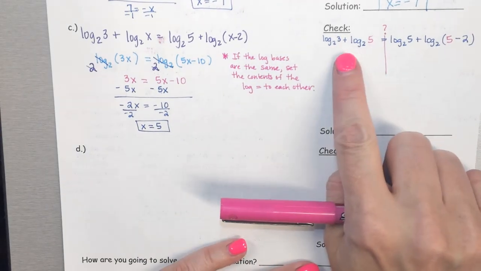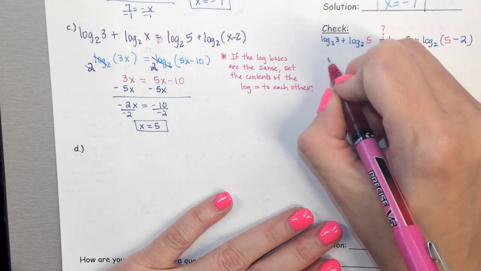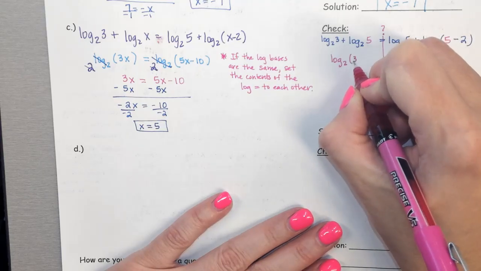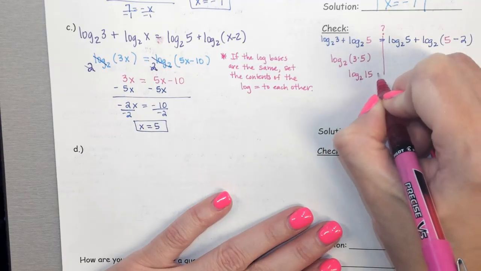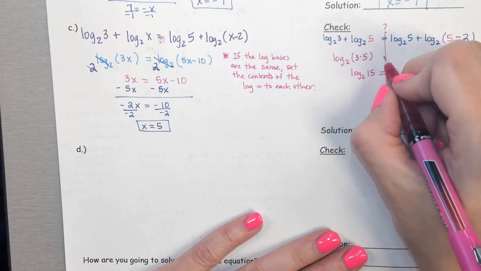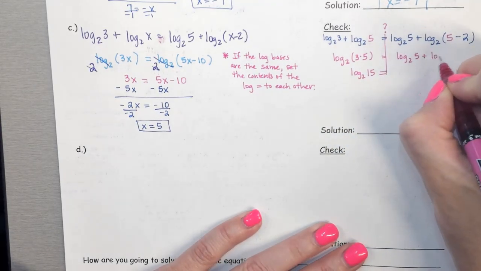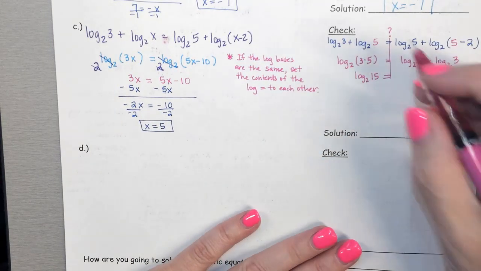On this side, you are going to use your product law. So this is going to be log base 2 of 3 times 5, or log base 2 of 15. On this side, you have log base 2 of 5 plus log base 2 of 3, which is exactly what you have there in the different order.